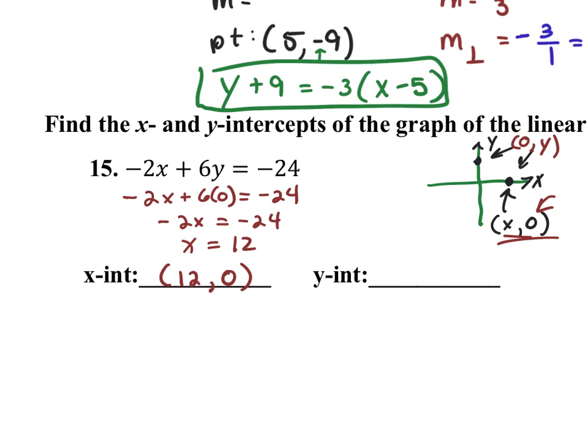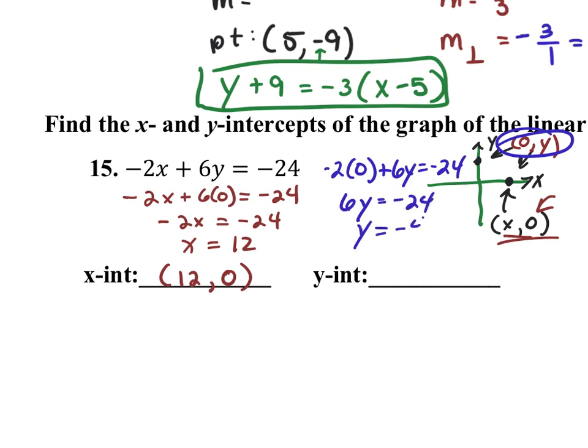My y-intercept, though, I let x equal 0. So I have negative 2 times 0 plus 6y equals negative 24. Negative 2 times 0 disappears. And y equals negative 4. Therefore, when x is 0, y is negative 4. My x and y intercepts.